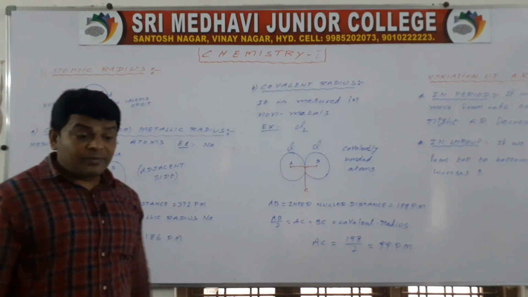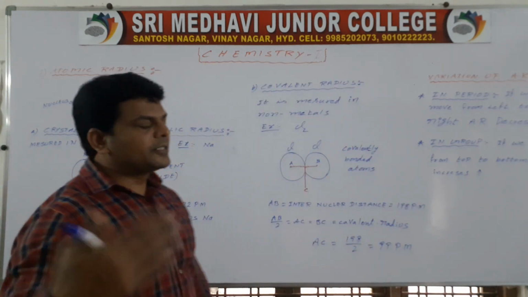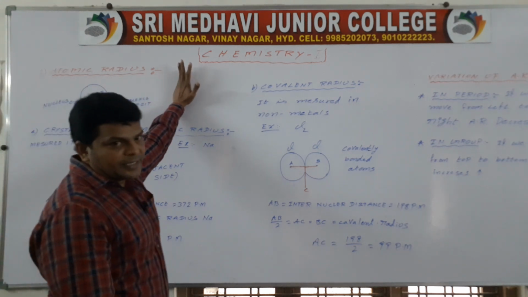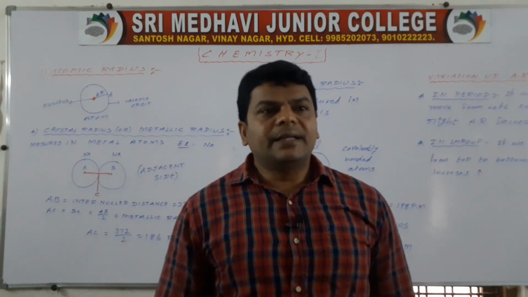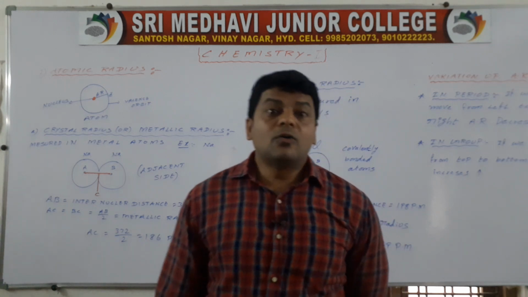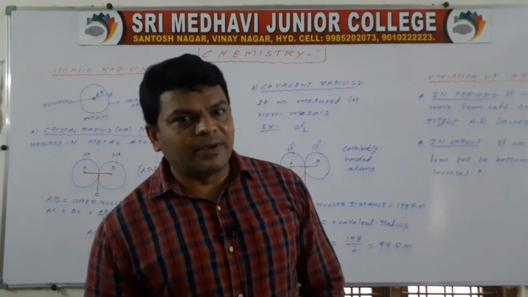One more type of radius is the van der Waals radius, which is not given here; that is for objective type. So what is periodicity and what are periodic properties? How periodic properties trend in groups and periods is a very important question.